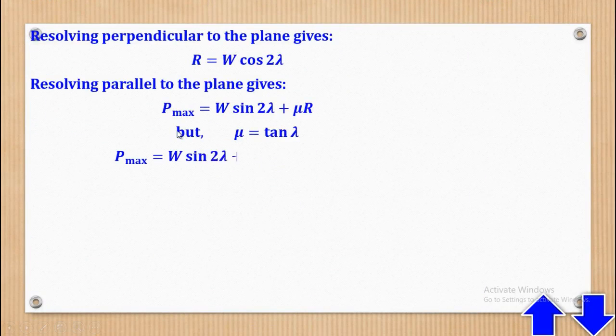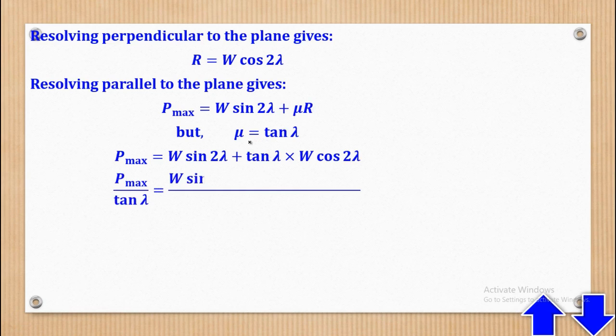So when I substitute that, I'll come up with W sine 2 lambda, and where there was mu, I put tan lambda. Then this R, I remember that R is W cos 2 lambda. The next is to divide both sides by tan lambda. When I divide both sides by tan lambda, I'll come up with P max over tan lambda, and this side will be W sine 2 lambda plus tan lambda times W cos 2 lambda over tan lambda.